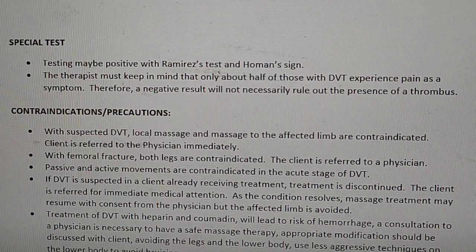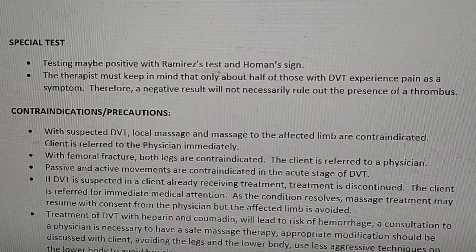Passive and active movements are contraindicated in the acute stage of deep vein thrombosis. Passive means there's assistance in moving the client's legs or the affected limbs. Active movements means the clients are the ones doing the movements of their limbs.